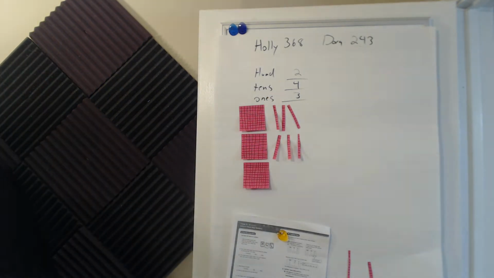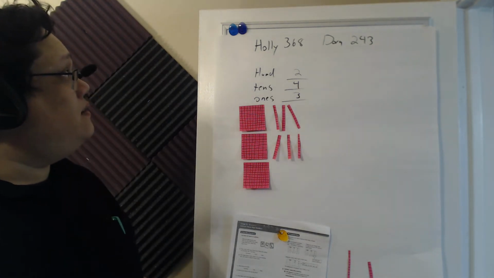And how many ones does she have? What's in her ones place? She has 8.